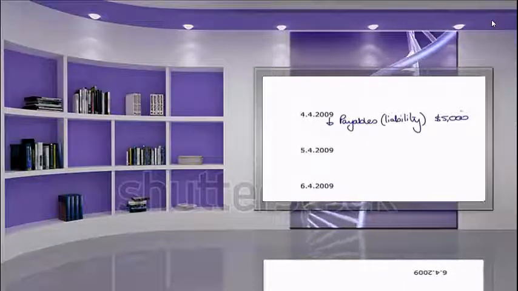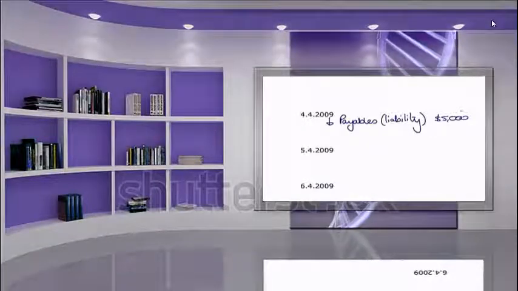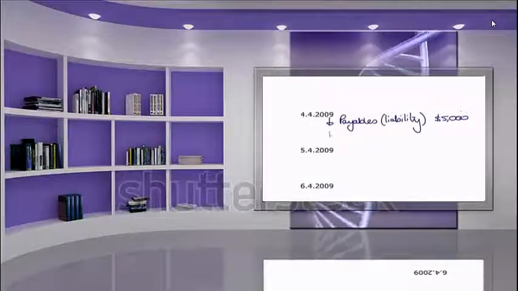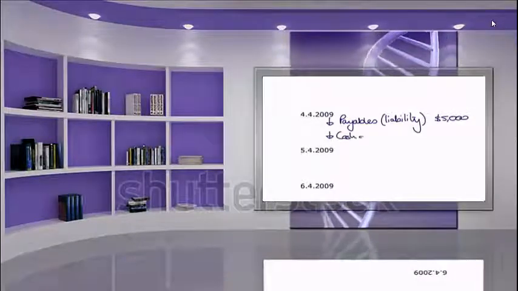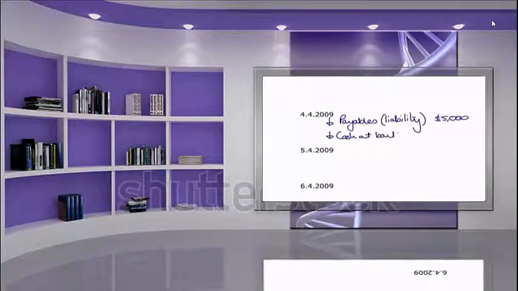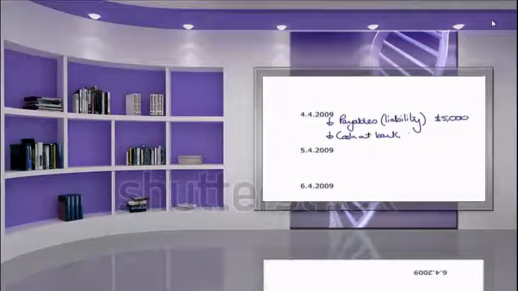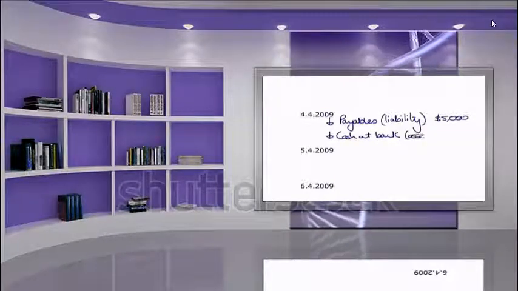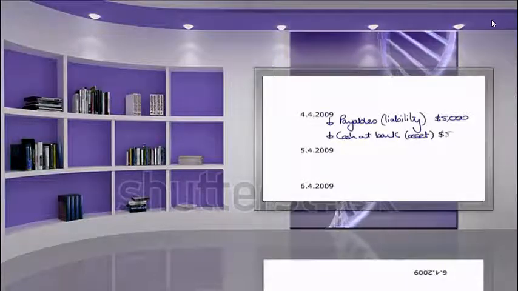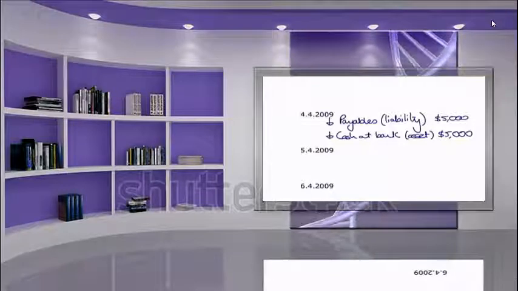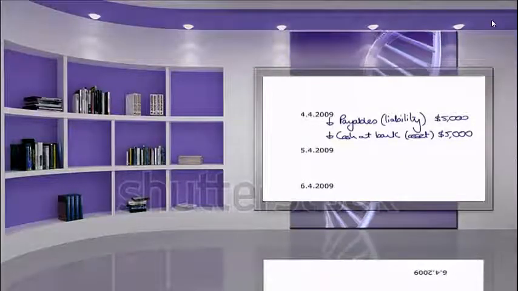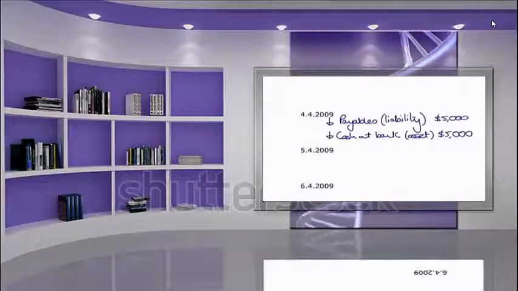You're going to give that supplier cash to clear that amount that you owe to them. So we're going to decrease cash at bank, remembering that that's an asset, with that $5,000. Dual effect done.